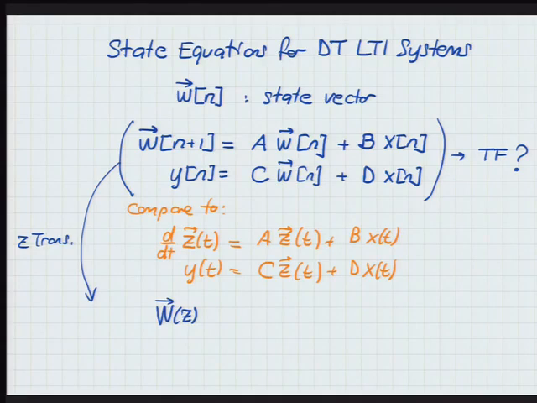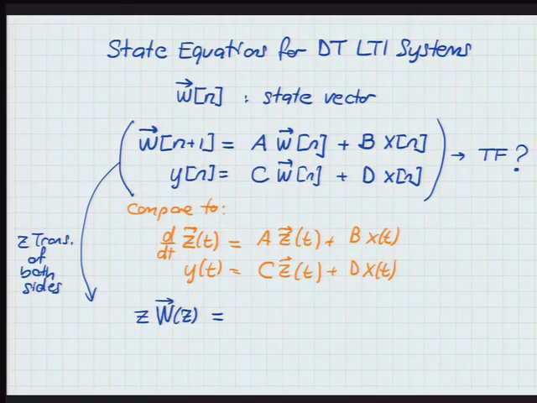But then if it's advanced in time by 1 unit, what does that mean? Multiply by z, so that's the time shift property. When we delay the signal by 1, we multiply by z inverse. When we advance the signal by 1, we multiply by z. Okay, so that's the z transform of both sides of both equations.